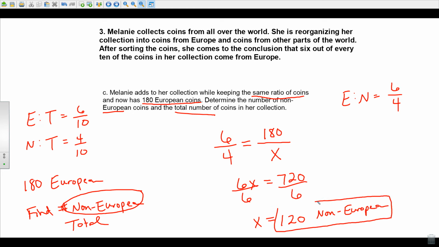To find the total number of coins, if I know there's 180 European and I know there's 120 non-European, I can just add those. 180 plus 120 means there's 300 total.